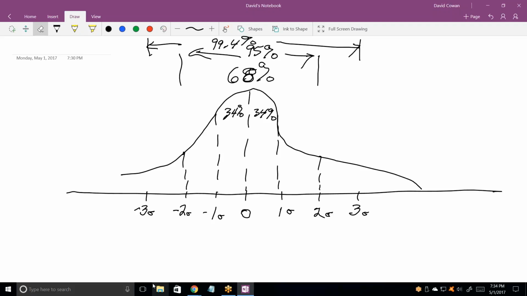If you are within 1 standard deviation of the mean, 68% of the data is going to fall there. 95% of the data is going to fall within 2 standard deviations of the mean, and 99.4% of the data is going to fall within 3 standard deviations of the mean.